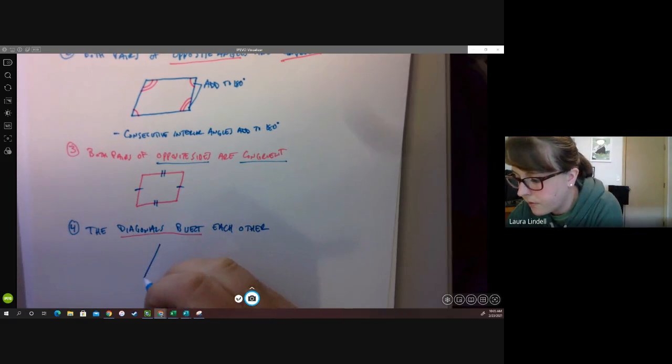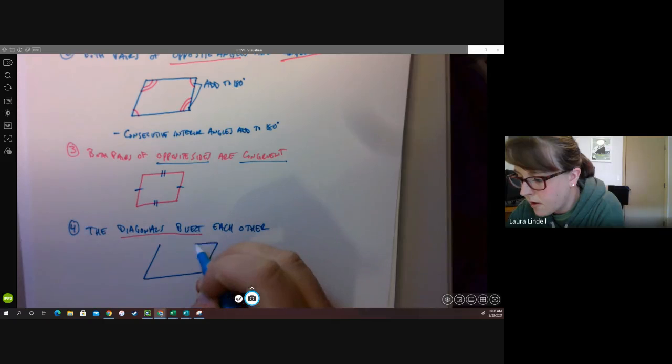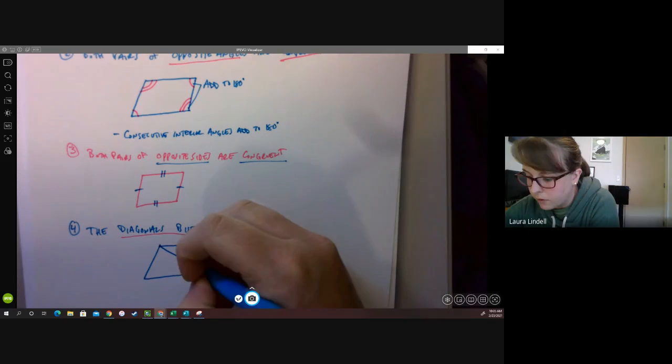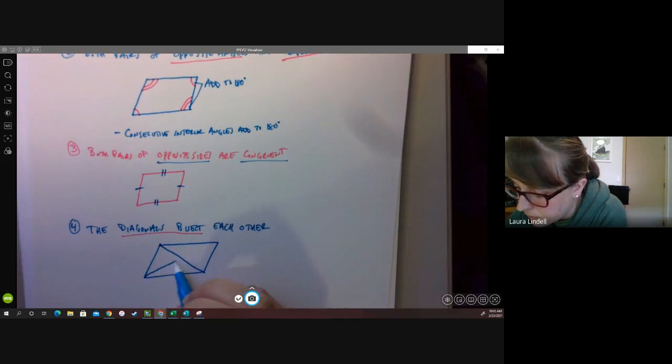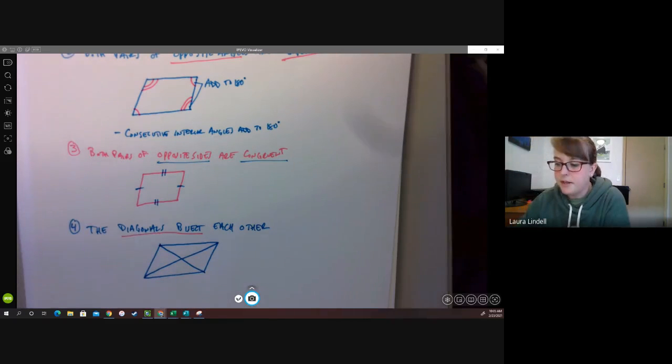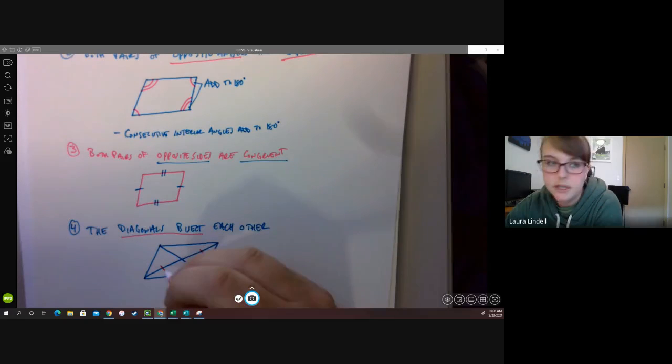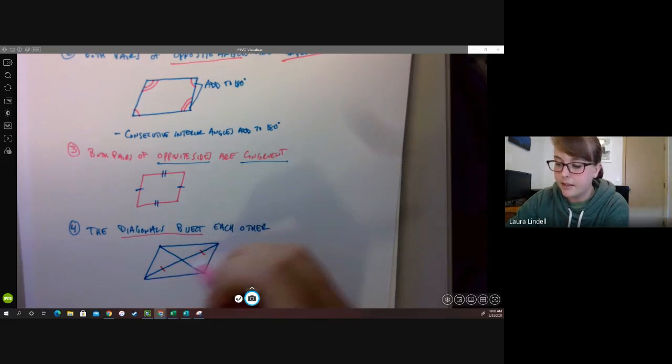So picture-wise, if I draw the diagonals on here, corner to corner, they cut each other in half, meaning that these two pieces would be equal to each other because this line is cutting this one in half.